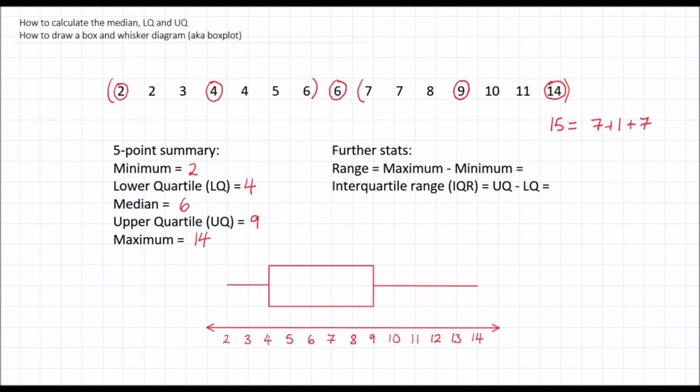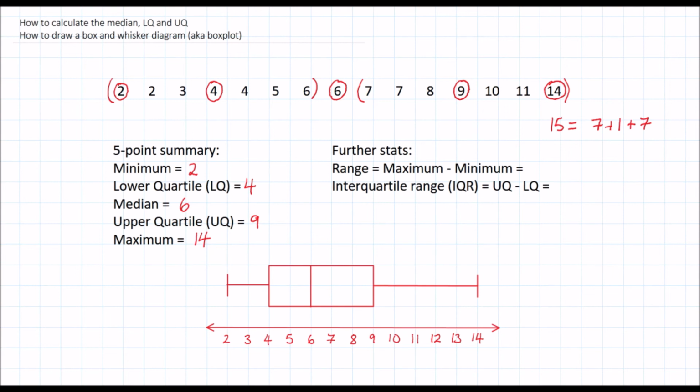Finally, I draw the median line inside the box. And optionally, you can add vertical bars to the ends of the whiskers to make things look clearer. So, there's our box and whisker diagram.